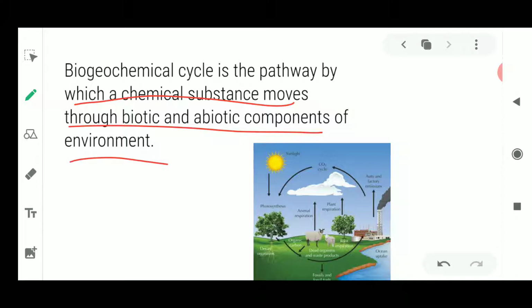components of the environment. Biogeochemical is again a long word, as I always explain. So what is the meaning of this word biogeochemical?